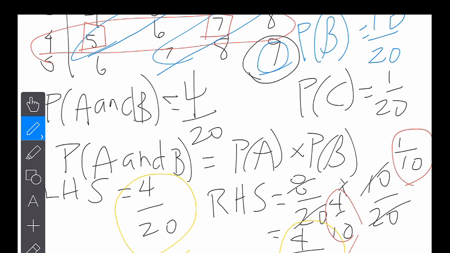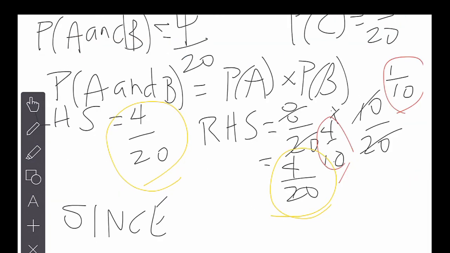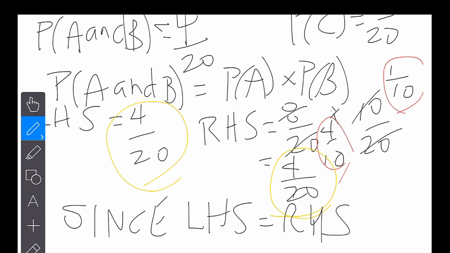And you can say, since the left-hand side is equal to the right-hand side, A and B are in fact independent.